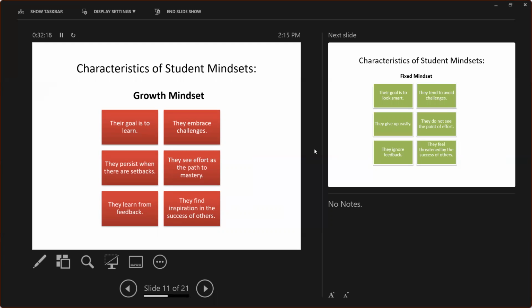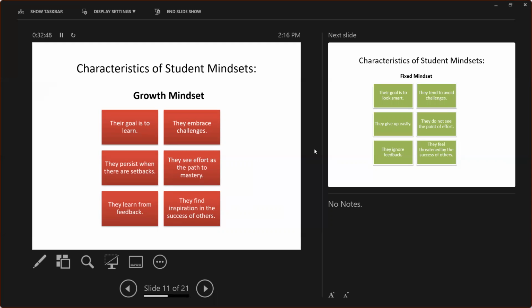And they also find inspiration in the success of others. If they see others in their class or others in their department who are successful in these complex, really difficult courses, or that they're proficient in mastering very complicated nursing practices, let's say, then students with a growth mindset would be inspired by that.